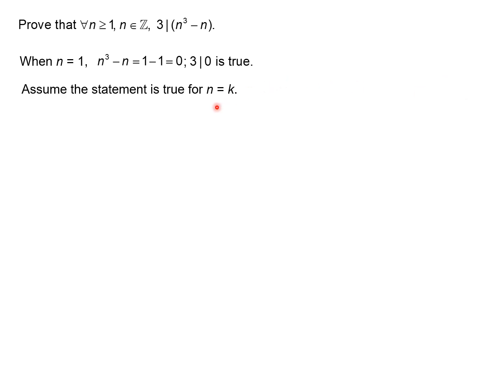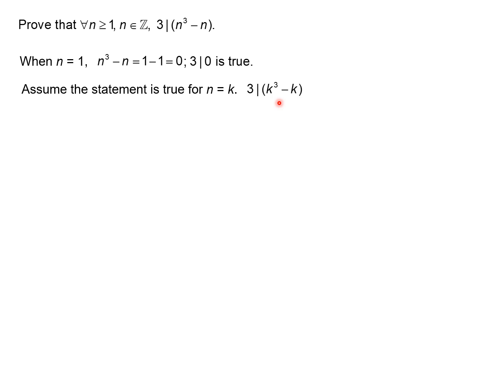this particular mathematical statement is true. So in this case, when n is 1, you substitute n as 1, you're going to get 3 and a 0. All right, so you assume it's true. Next step, you assume the statement is true for n equals to k.